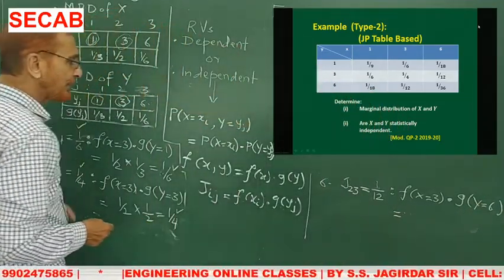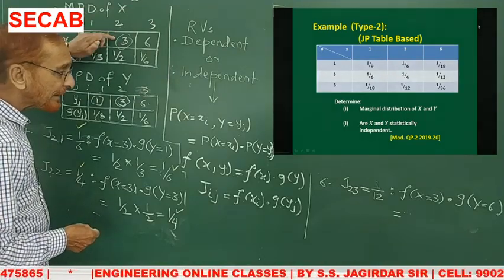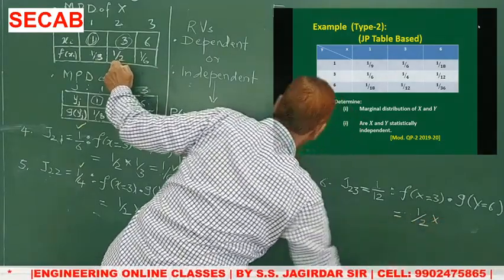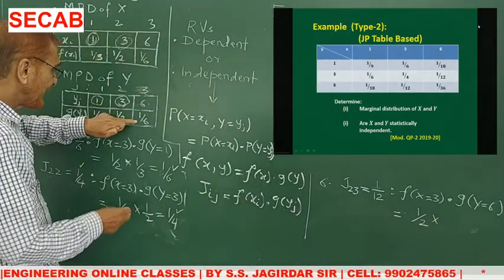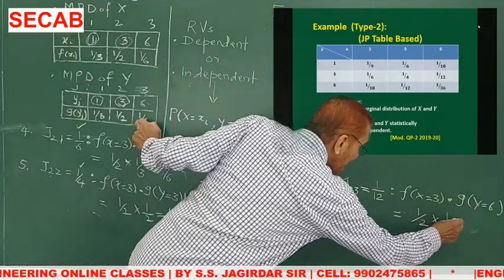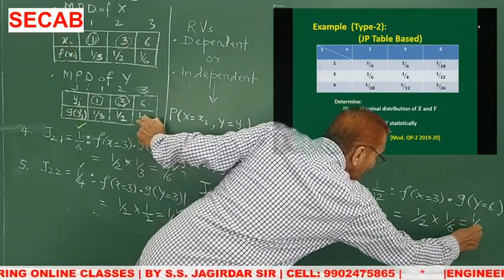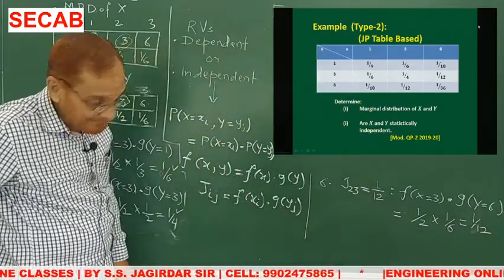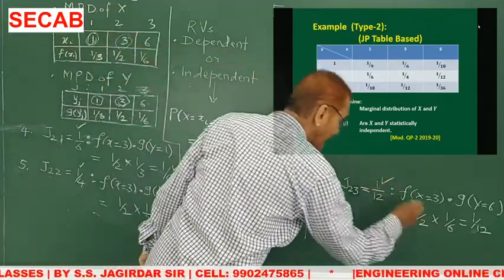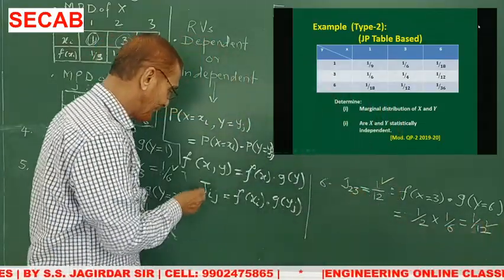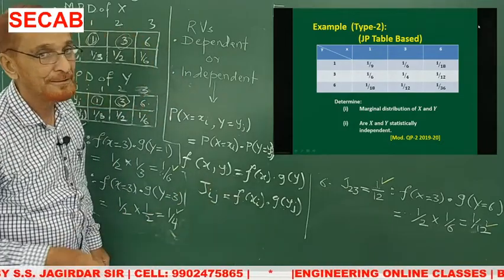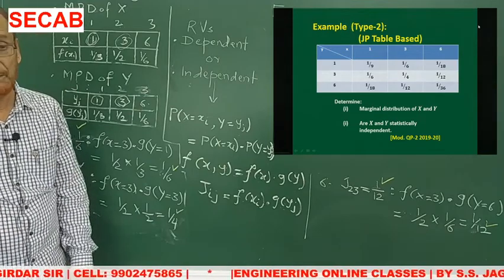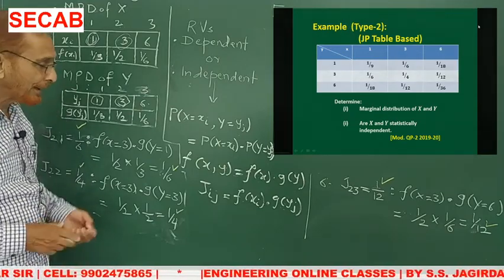In the marginal table, the probability of x equal to 3 is 1 upon 2, and when y is equal to 6, it is 1 upon 6. So the answer is 1 upon 12. Here also you can see that things are in favor of the definition. That means the J value is equal to the product of these, which confirms the variables being independent. We have tested this.